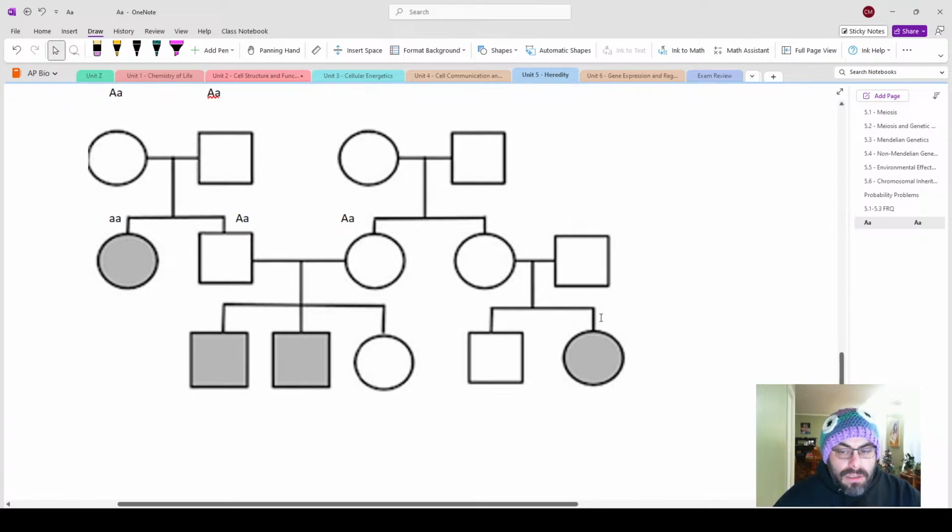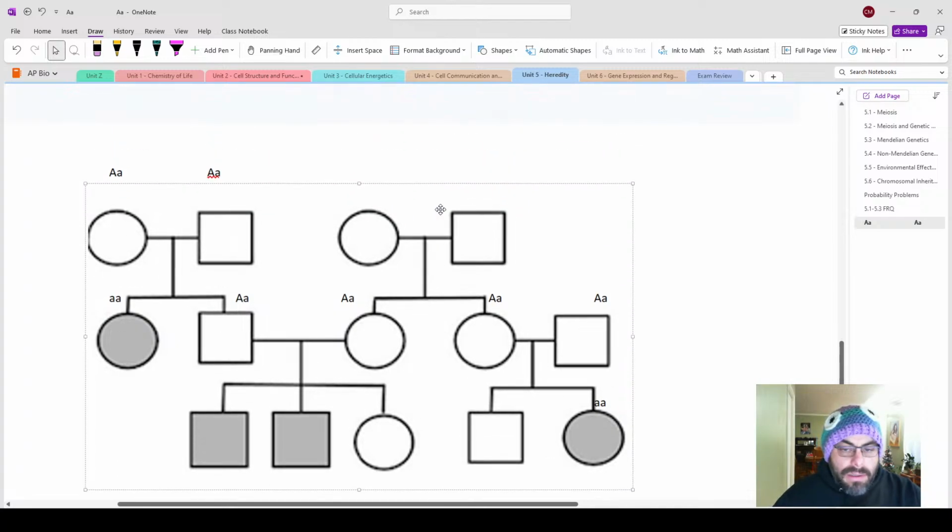This person has little a, little a. That means both of these people have to pass it, but they don't have it, so they're big A, little a, right? You get the idea. And for these guys to be big A, little a, the parents have to have at least one big A and one little a, but you maybe can't know for sure what they are because there are several options.